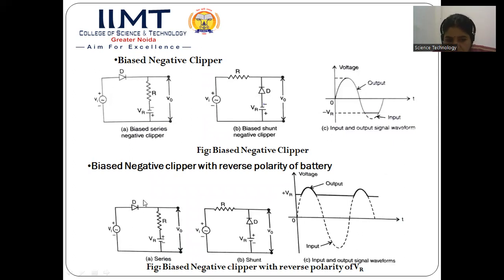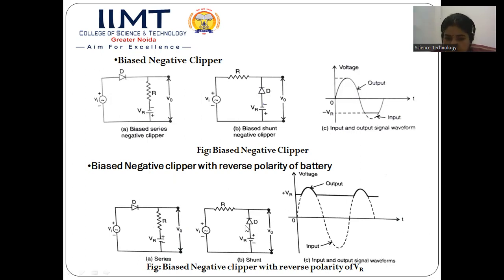If it is in the reverse bias condition for the whole negative half cycle, then all the voltage will appear across this diode, and we will not get any output across the resistance R. So the value of VO will be 0. We are not getting any part of the input waveform reproduced in the output waveform. And again, the positive half cycle will continue. So this is the overall output, which will look like this in the series biased negative clipper.